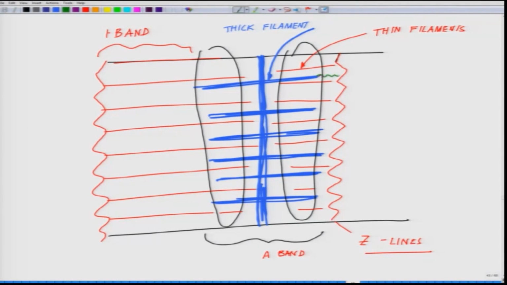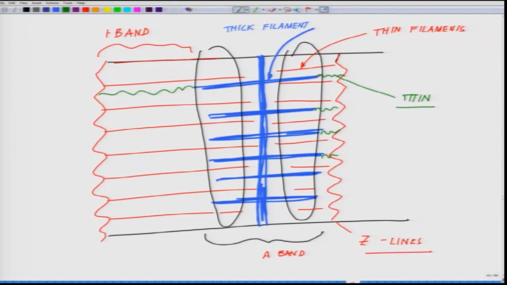There are attachments like this, and those attachment molecules which are present there are called titin. So, I introduced thick filaments, thin filaments, the Z lines and the A bands.